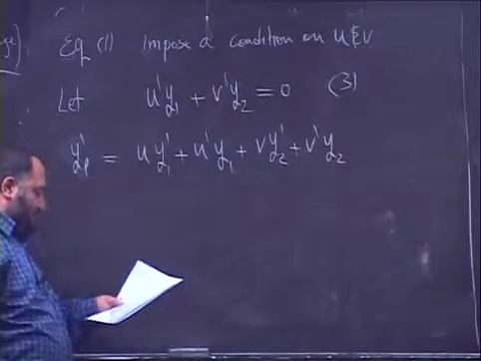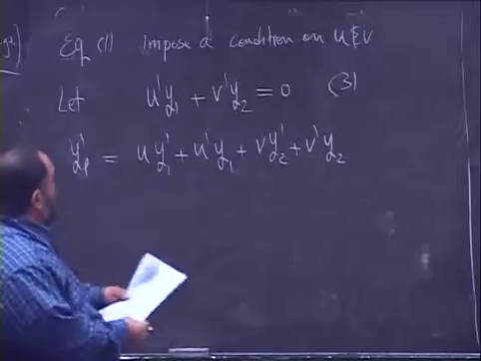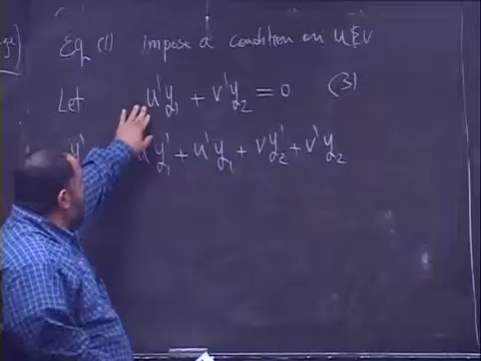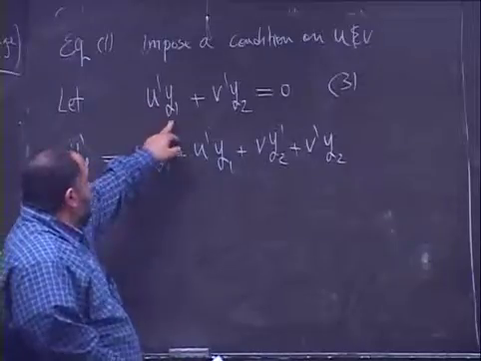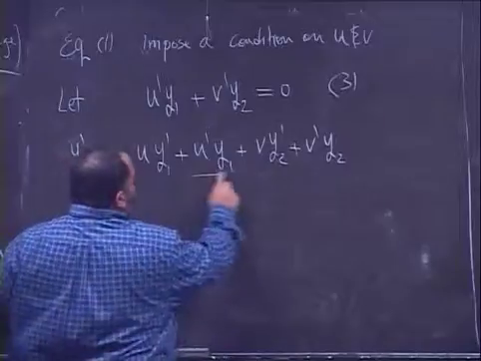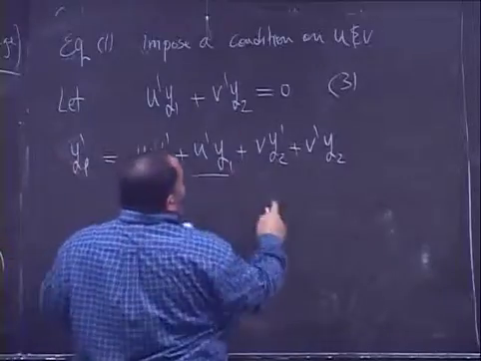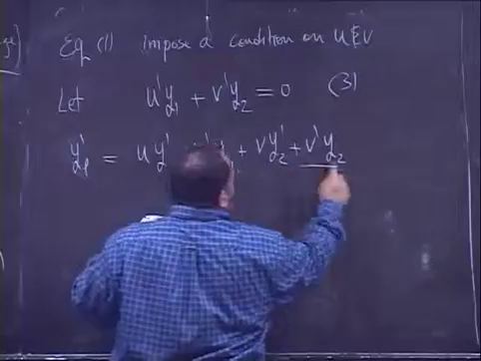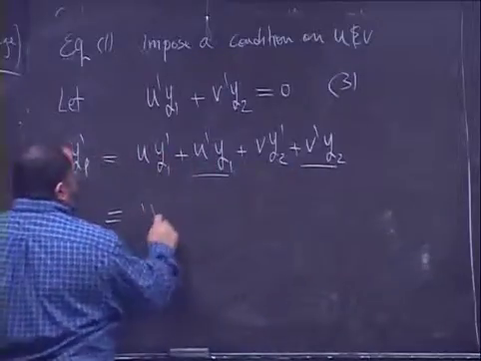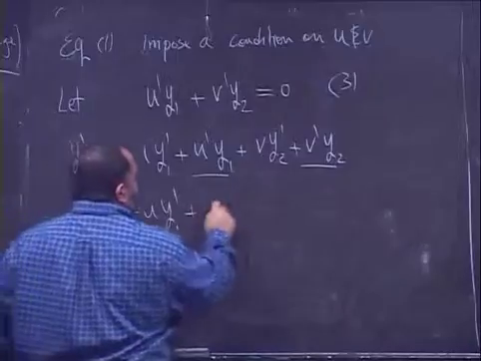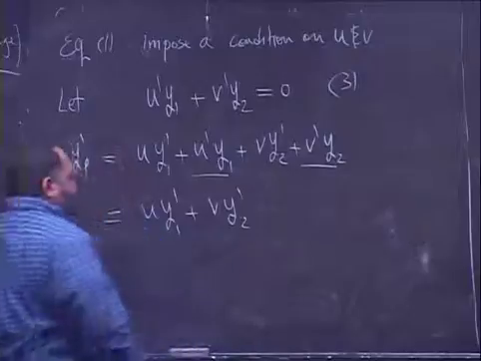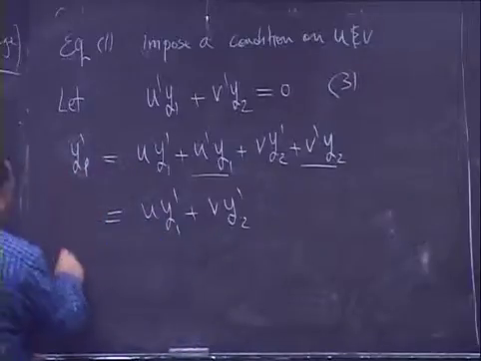Yes, guys? But from the condition that we impose here, u prime y1 plus v prime y2 should be equal to what? 0. So this will give us u y1 prime plus v y2 prime. So differentiate this again.